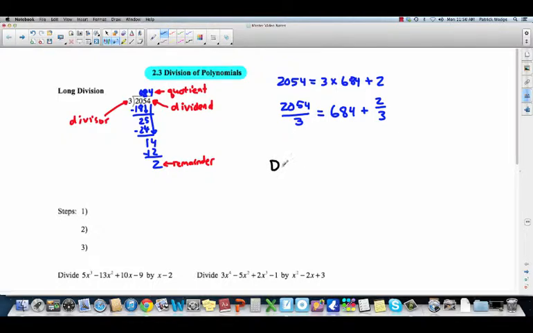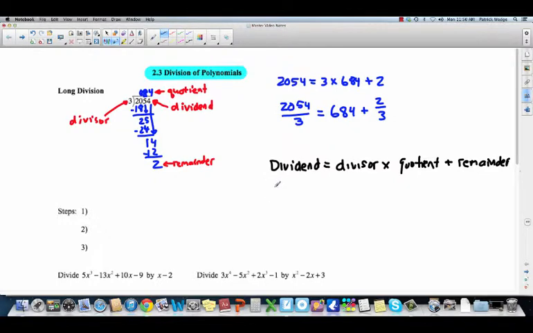Anyway, just to write it out in words, there's 2 ways. We've done them both here. One is that the dividend is equal to the divisor times the quotient, and then we add on the remainder. So that's one way you'll always be able to write these.